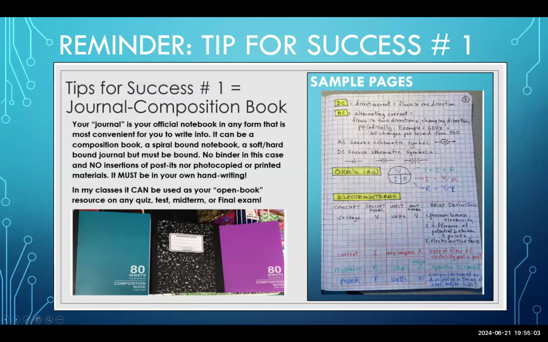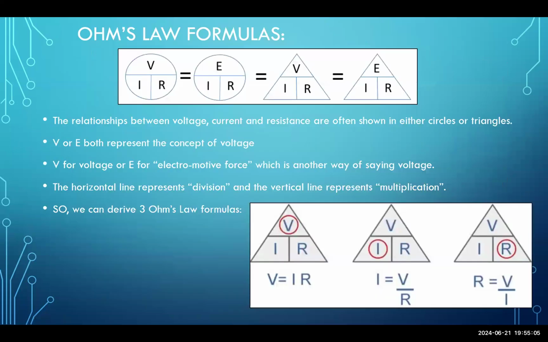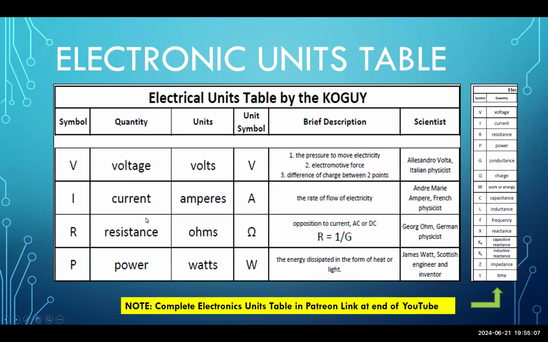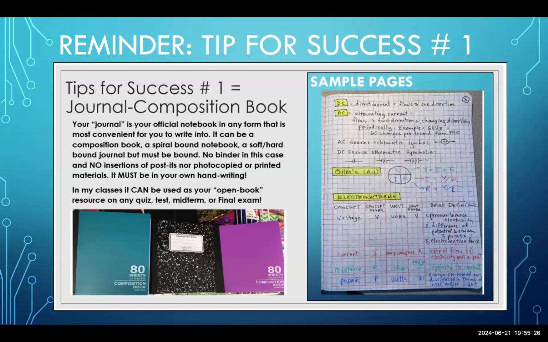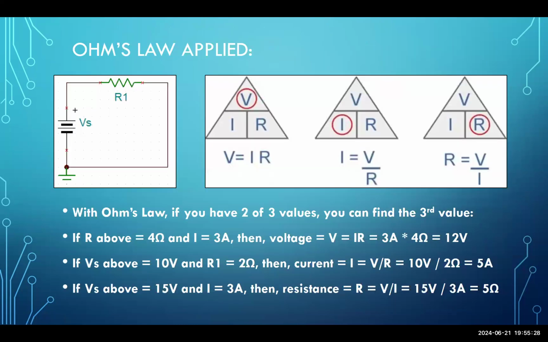Resistance symbol is R, ohms symbol is omega. And so you've got to keep these terms straight. What is what? If you transcribe this into your journal, you'll have it open at your side, ready to help you along. Like I say, if you use it enough, you'll remember all of this. Okay, this is how we apply Ohm's law.